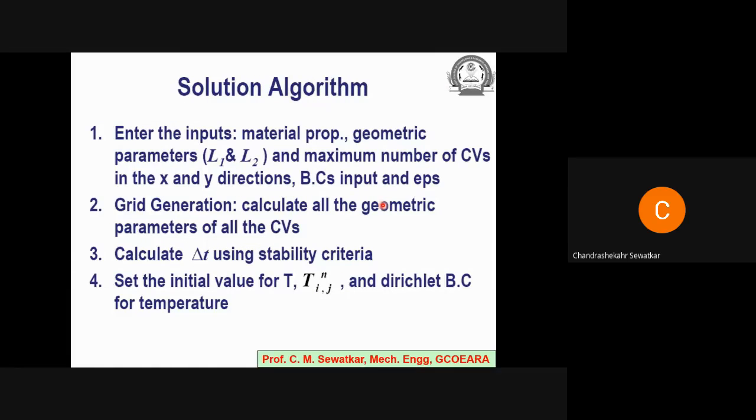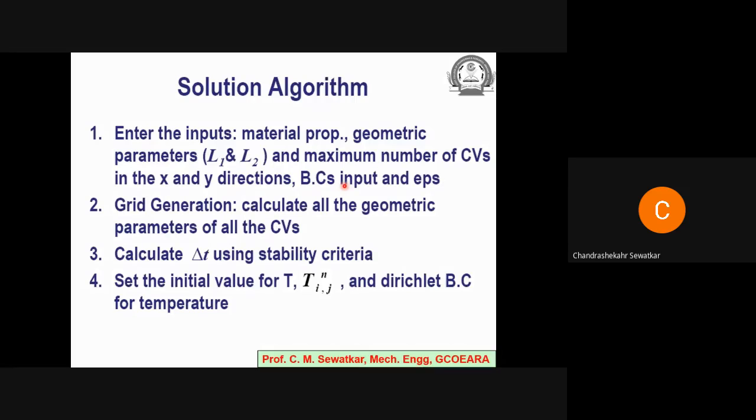Now I'm giving you the solution algorithm for the explicit method to obtain the solution for the unsteady state heat conduction problem. The first point is to enter the inputs. Input consists of material properties, like K, the thermal conductivity, and geometric parameters like L1 and L2, the maximum number of control volumes in X and Y directions, and boundary condition inputs, if any.